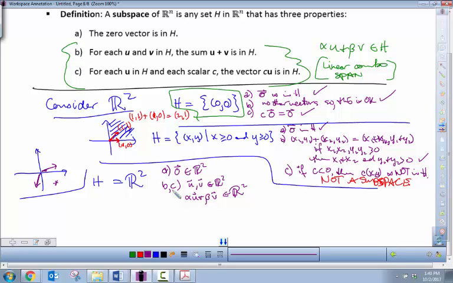And that makes sense because we're in R2. We're not going to go beyond R2. So we're talking about everything in there. And if you have the span of two linearly independent vectors in R2, then that's going to cover the whole plane.